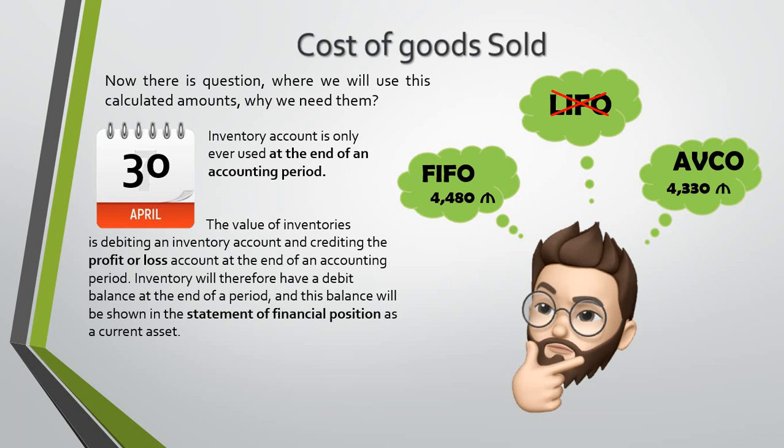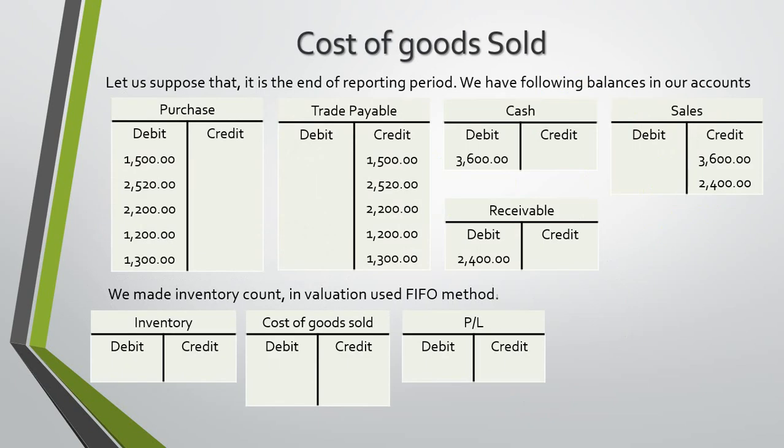Let's try and understand with examples. Let's suppose that it is the end of the reporting period. We have the following balances in our accounts. Let's take that we made an inventory count, and in the valuation of the counted items, we use the first in, first out method. After calculation of the total value of inventory, we will debit this amount in our inventory account.